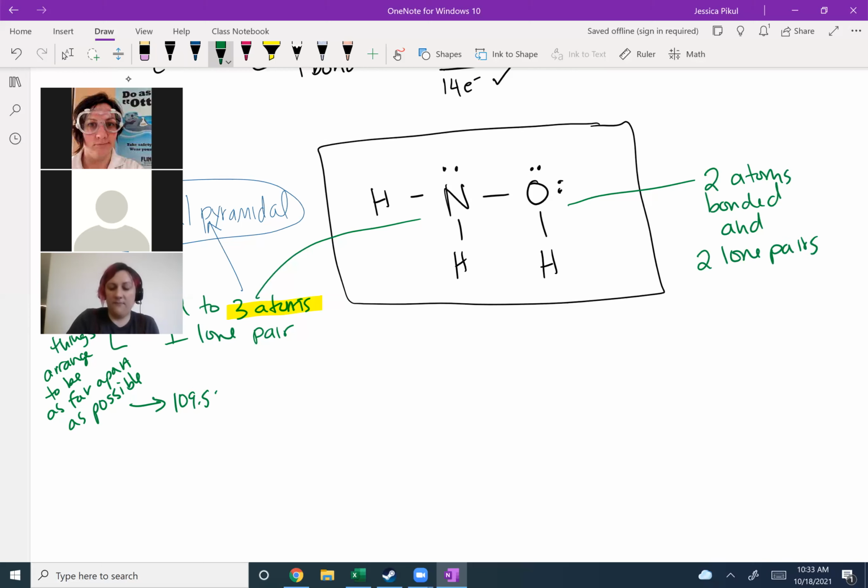So again, this is 4 things repelling, so they're going to be about 109.5 degrees apart. Again, a lot of books are going to say 105 for most oxygens. There are 2 lone pairs and they take up more space, so they're going to push things even closer together. So it might be about 105 to 109.